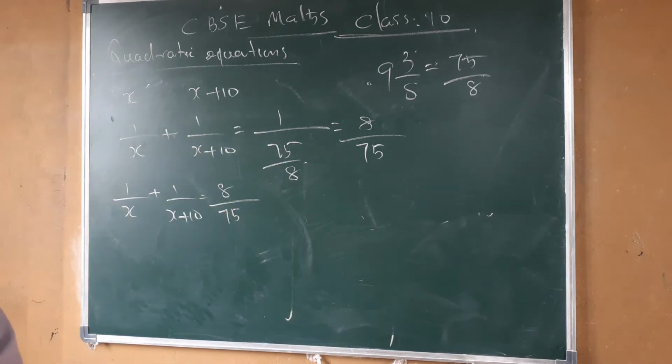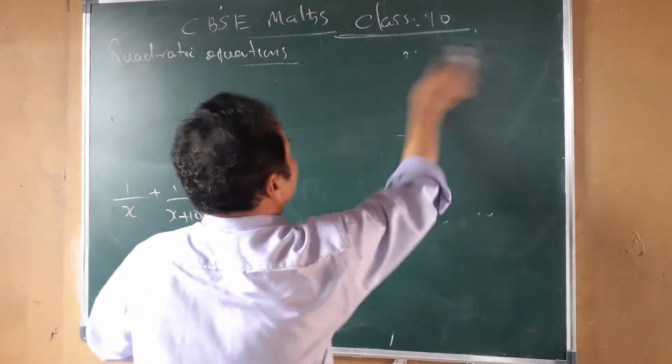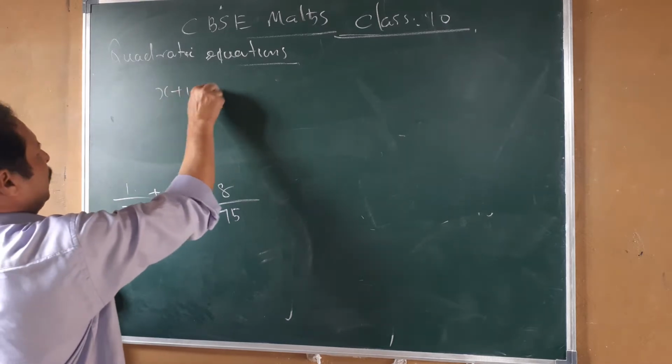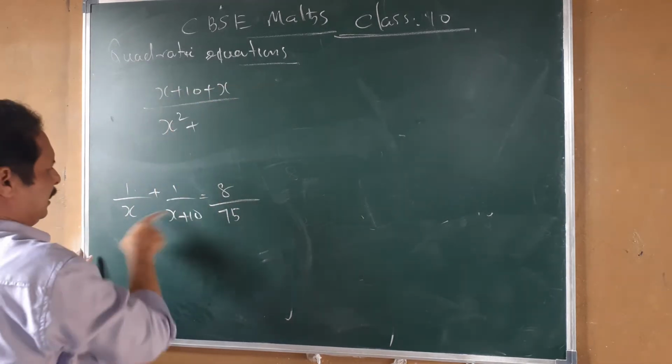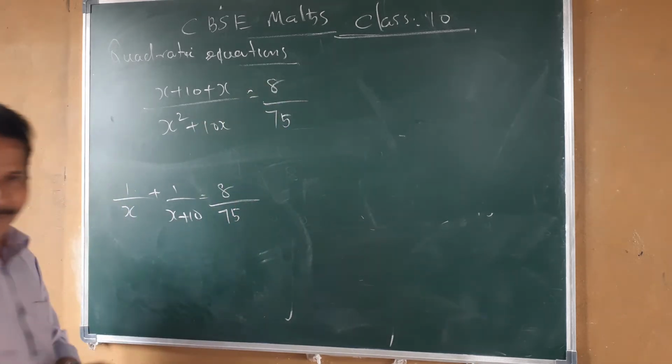Then cross multiply, you get it like this. Now multiply: here it is x plus 10 plus here it is x. x into x is x square, x into 10 is 10x, that's equal to 8 by 75.